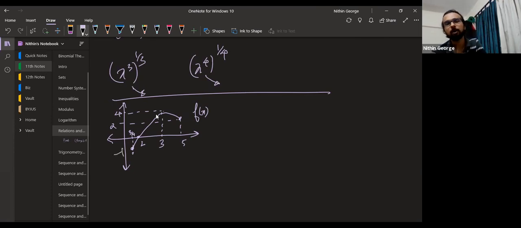Okay, so how will the graph of 1 by f of x look like? How will the graph of 1 by f of x look like? That's the question.